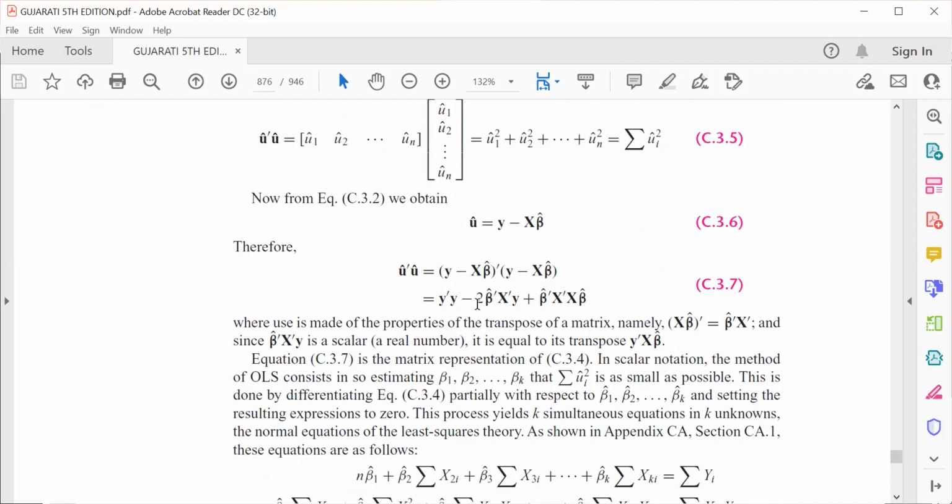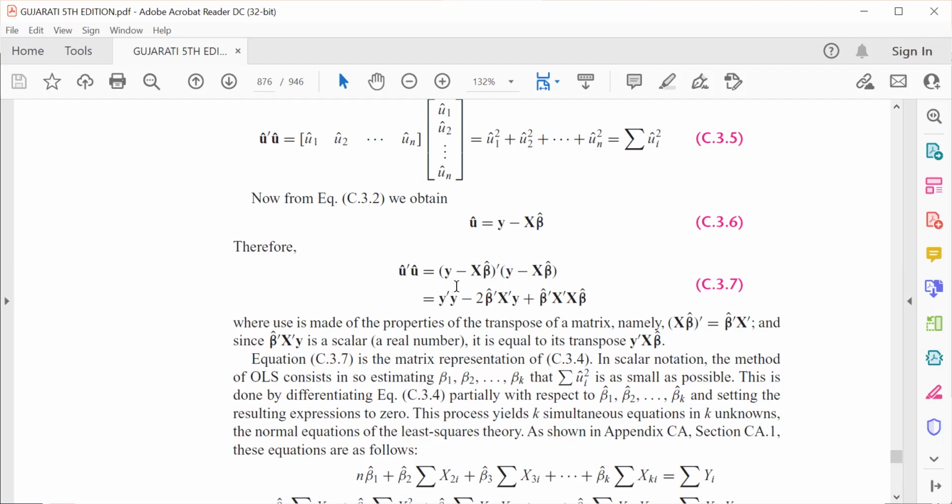This minus 2 comes from first multiplying y prime with x beta hat. And another one, we multiply minus x beta, because there is a prime here, it becomes beta prime x prime y.